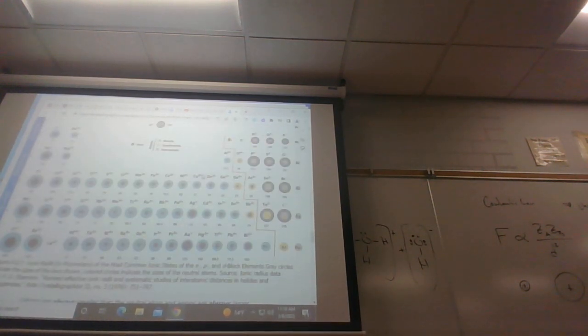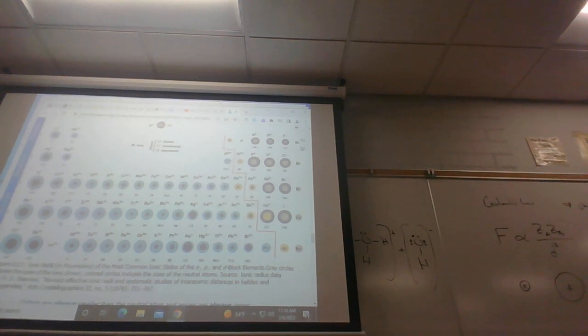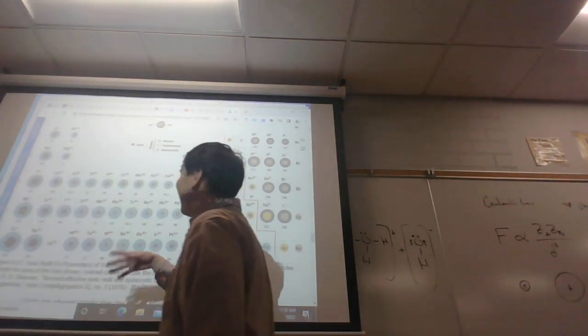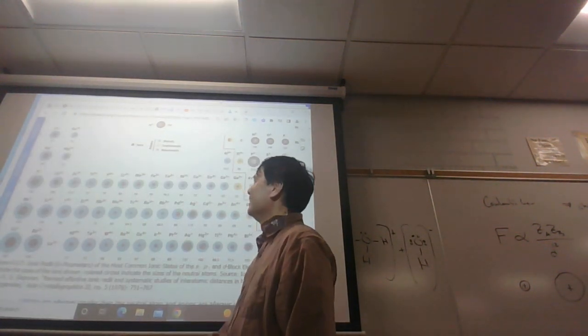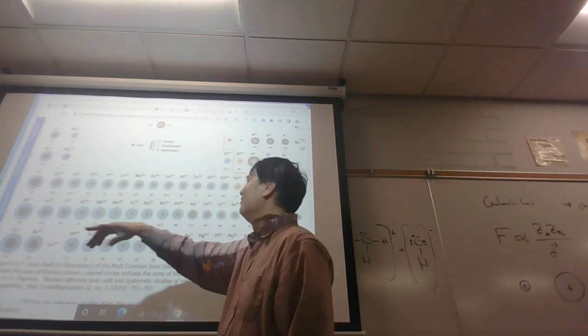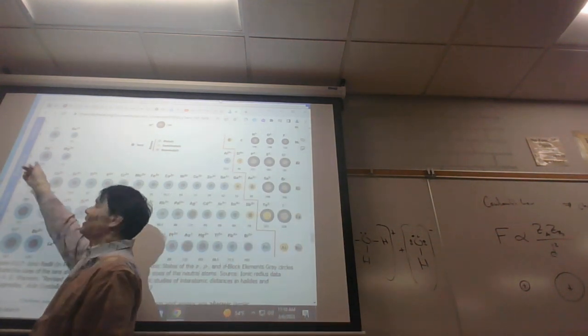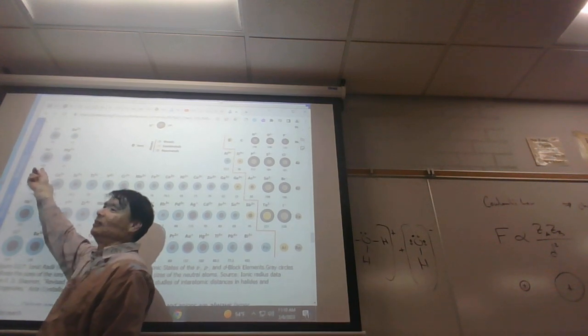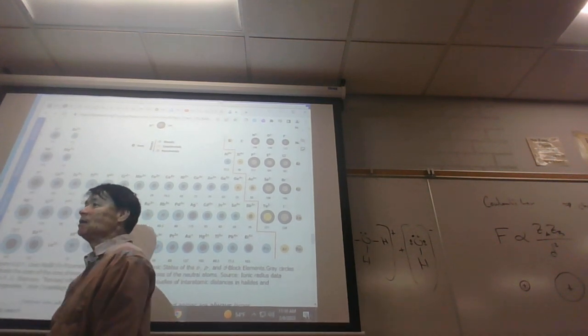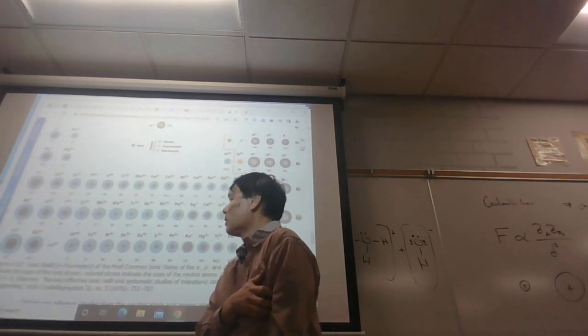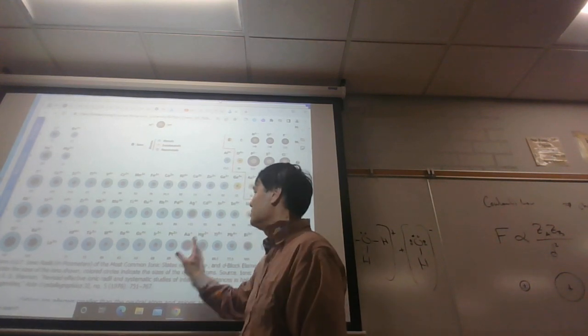These are just rules, not laws, just general observations. Now look at the dark circle. Does it look about half? Not for all of them, but look at sodium. You predicted 95. What do we have? 102. Close enough without having to memorize a lot of stuff. So do you see they're all about half?